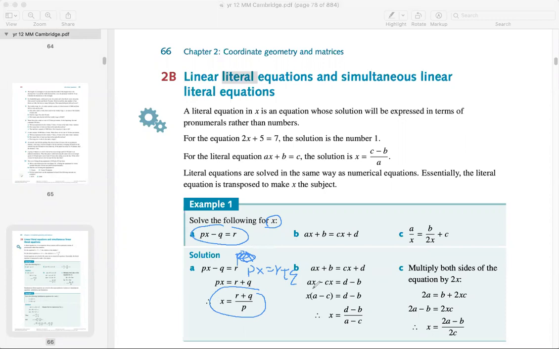It's pretty important because in the final exam or in your SAC, your teachers or the examiners have a really high chance of asking you to solve literal equations. If I give you specific numbers like 2x minus 5 equals 7, everybody knows how to solve it. But if I change it to px minus q equals r and ask you to solve for x, some people get confused because they cannot distinguish the difference between unknowns and arbitrary constants.